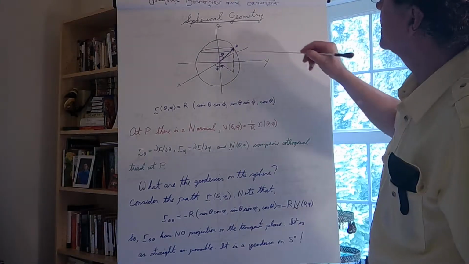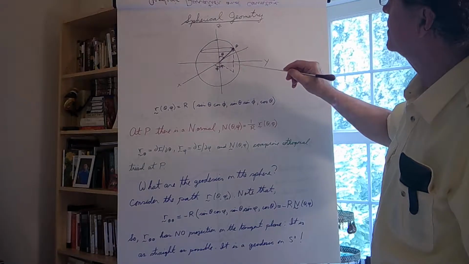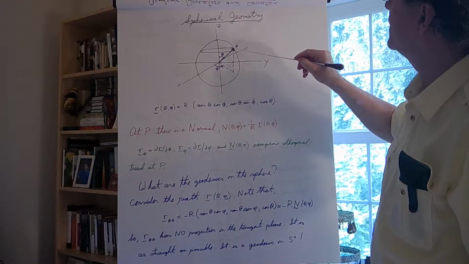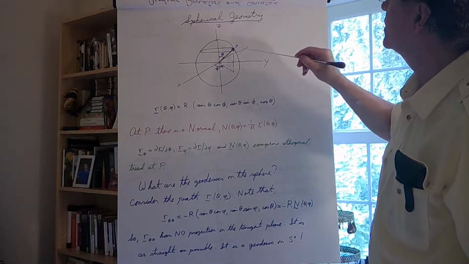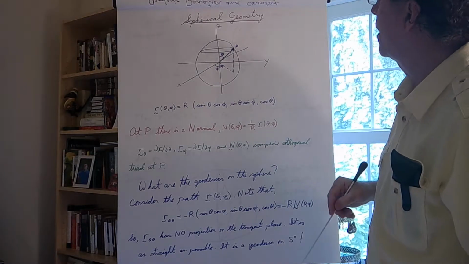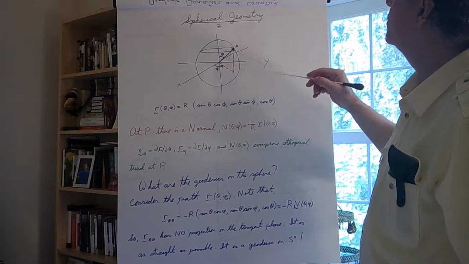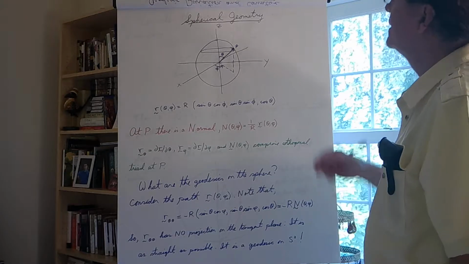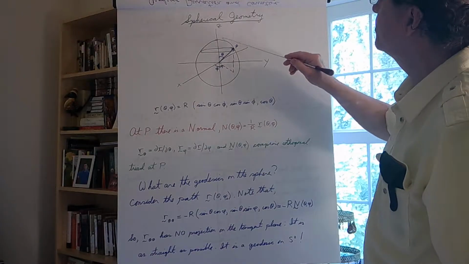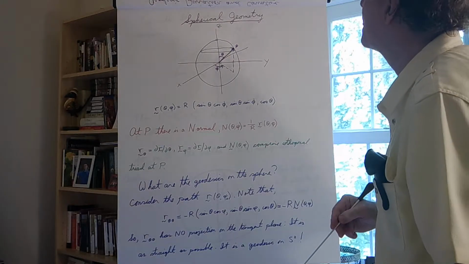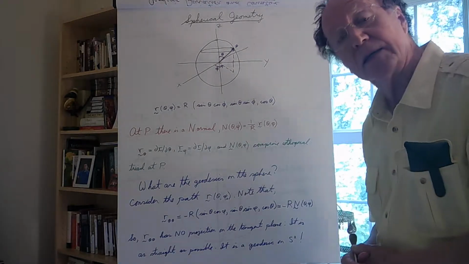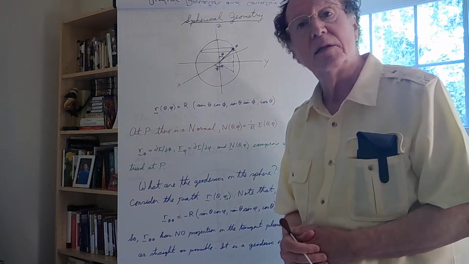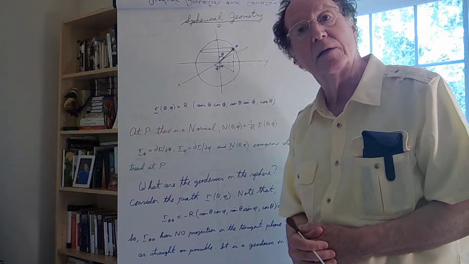Any one of those lines I can classify by noting that it has a position r on the sphere, and it has a direction which is the tangent r theta. Those two vectors r and r theta determine a plane. They lie in a plane, and I see that's a plane which goes through the center of the sphere. So I learned that geodesics of the sphere are just the intersection of planes that pass through the origin and intersect the sphere.